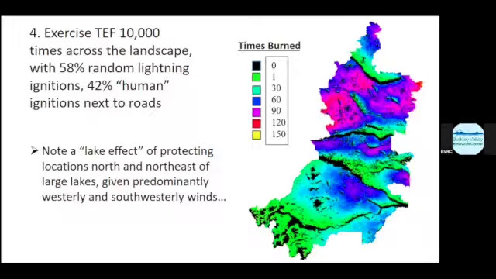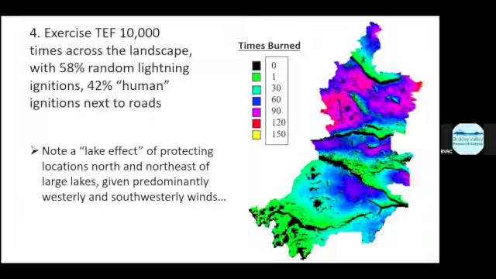We could calibrate that maybe a little more for the north if we want to, and run it 10,000 times. And the map there portrays the number of times a pixel, a 1 hectare area, burned. Okay, so those darker violet and blue areas were hit 60 to 90 times. In contrast, the green areas were only hit once.